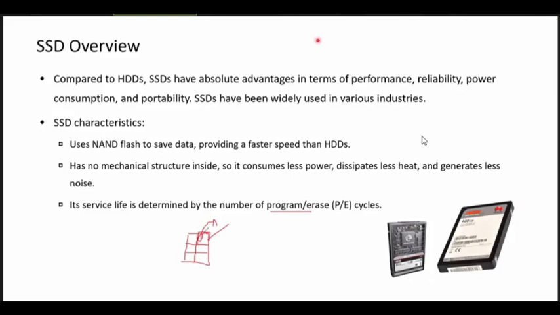So how many writes and erases you can do per cell. Maybe you can do 70,000 writes and erases per cell, which is pretty awesome. So you can write the data, and once you don't need the data, you can erase it, write again, erase, write again, erase, 70,000 times. Once 70,000 times is done, that cell is no longer usable. So each cell will have its own lifespan. This is how it's calculated in program and erase.